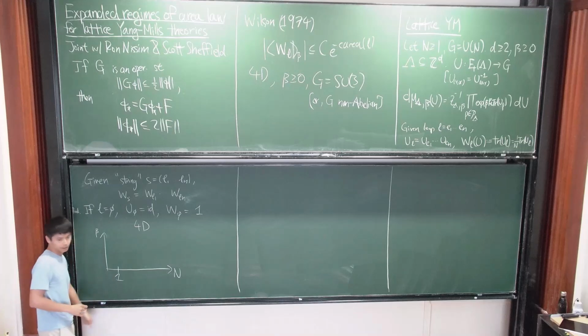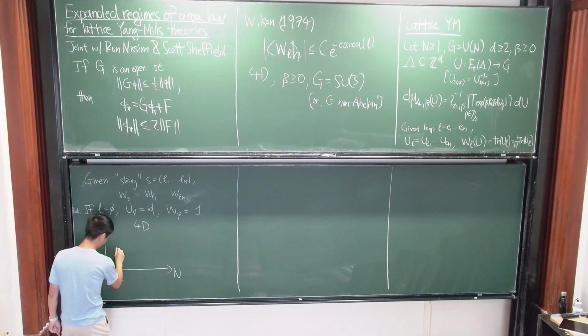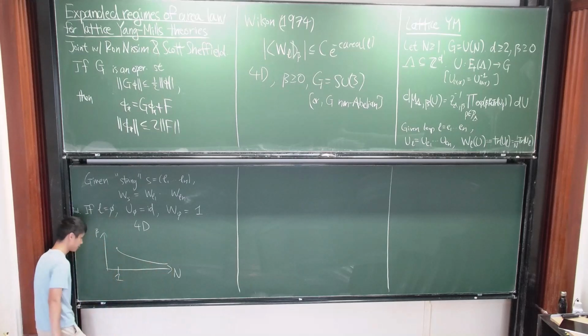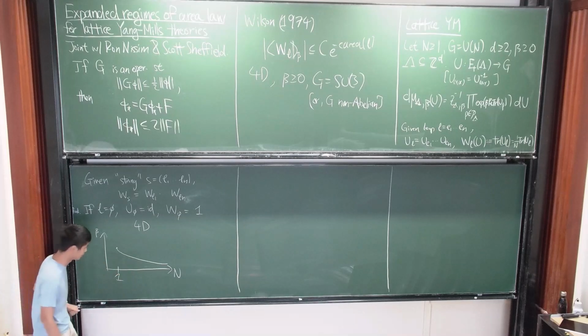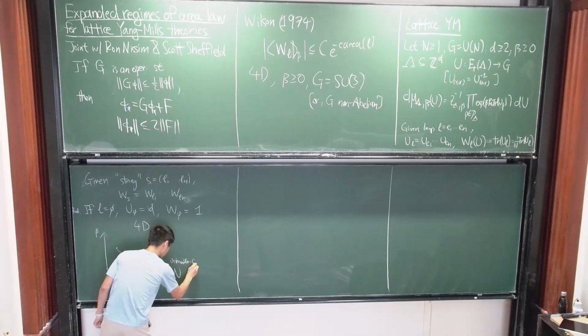And so maybe the most classical result in this area is by Osterwalder-Seiler, who showed that for every n, there exists a beta below which you have area law. So that's maybe from 1978.